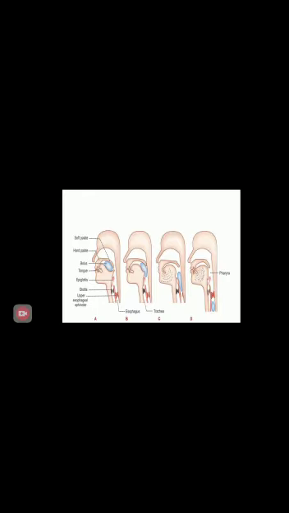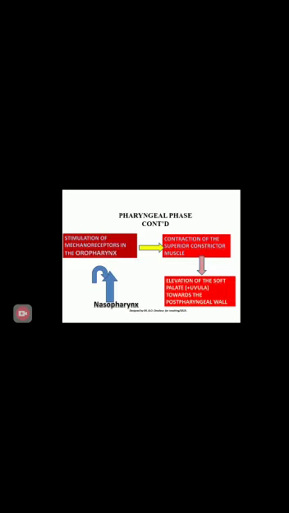Of course, after the food bolus enters the esophagus, the upper esophageal sphincter contracts behind it, and then it closes the esophagus. Okay, what now happens with the food bolus in the esophagus? That will take us to the esophageal phase.